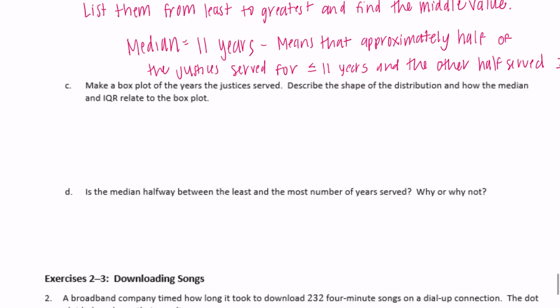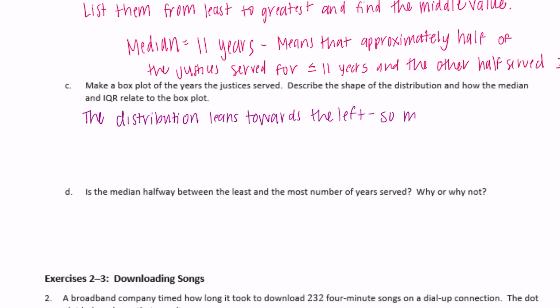So let's say the distribution leans towards the left, so most justices served on the lower end for a fewer number of years.